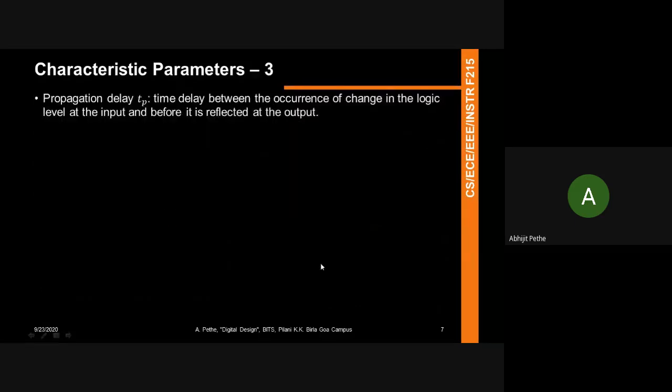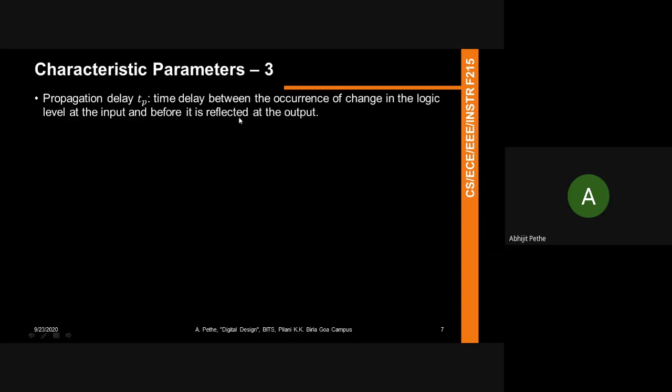So the third delay, and this is something that you will start with Verilog in the next week, right? We'll come upon this time and again, is what is known as the propagation delay of the gate. So propagation delay of the gate is the time delay between the change occurring at the input to it being reflected at the output, right?